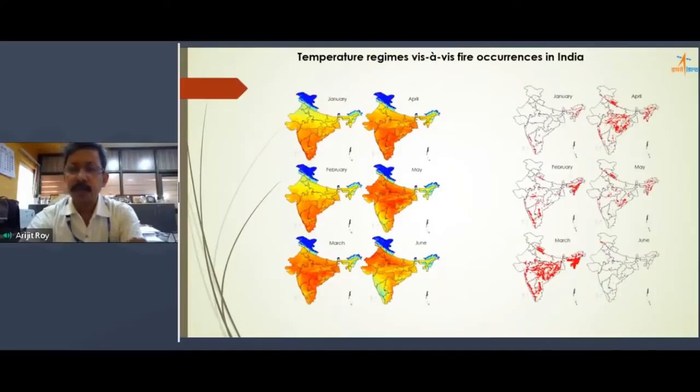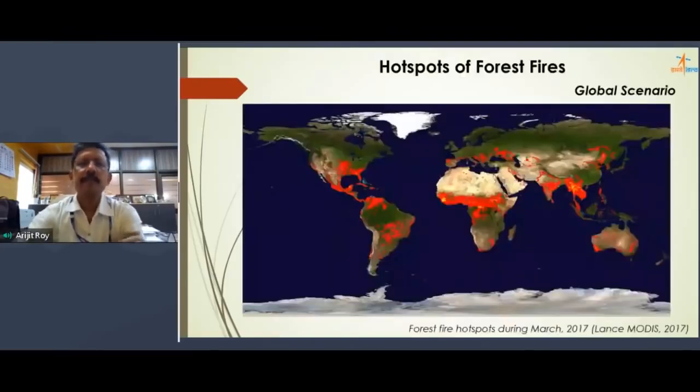By May, there is an onset of monsoon in the southern part, so most of the fire in the southern part of the Indian subcontinent has disappeared. Only we have fire in the hills. By June, since there is monsoon across the country, there is no fire. So this is the pattern we have almost every year.